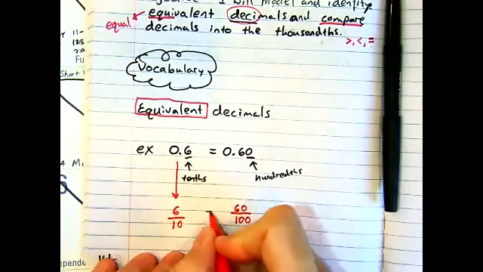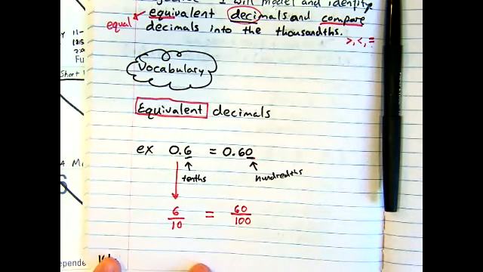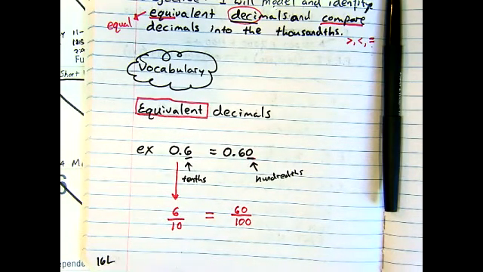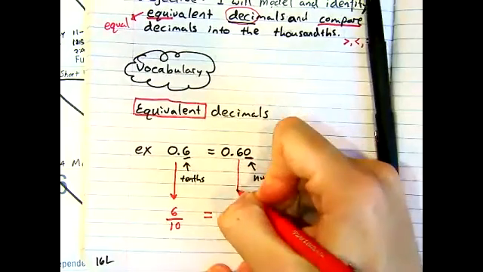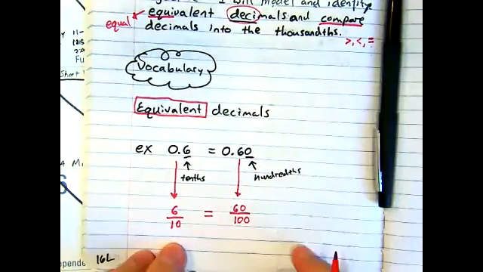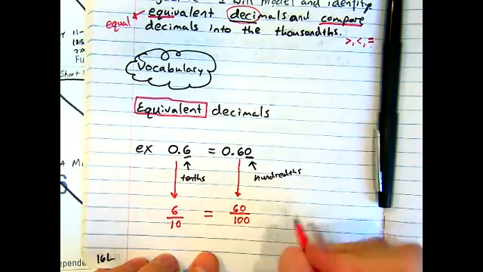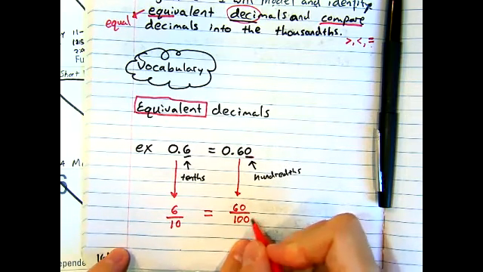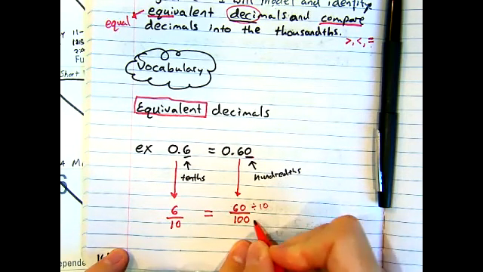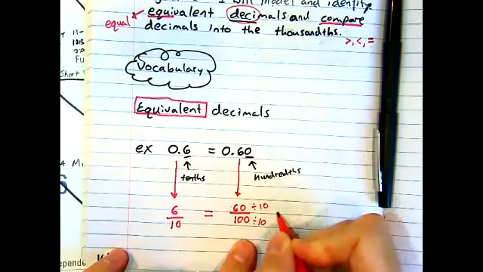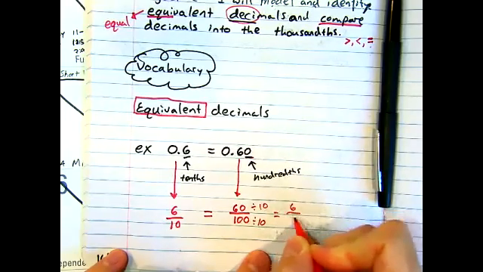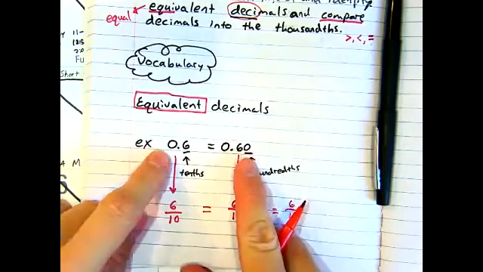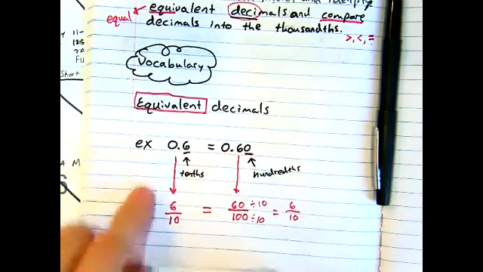Why would these two fractions be equivalent? That's the question we need to answer to make this connection. If you said simplification, you're absolutely right, because if I take this fraction and divide by 10 and divide by 10, I will end up with 6/10. So that is why these two decimals are equivalent.